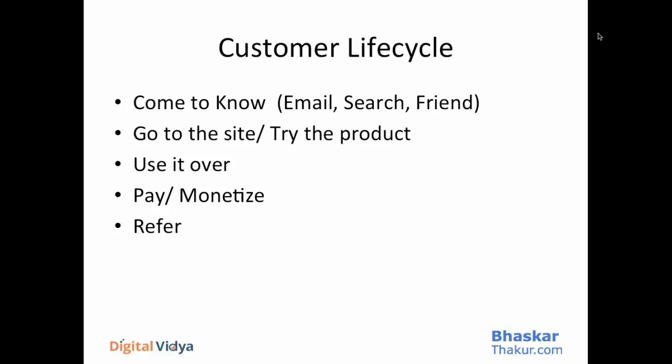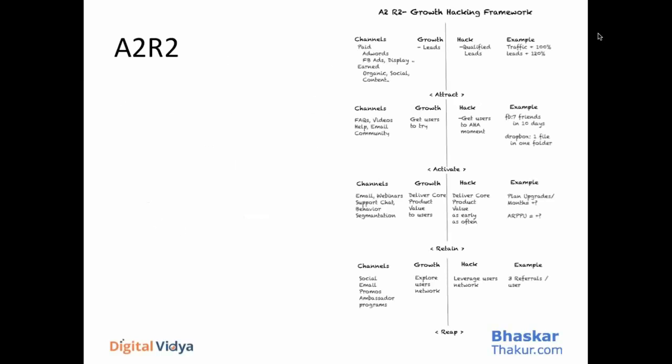So how do growth hackers do this? Growth hackers primarily work on the customer life cycle. They try to map the customer life cycle and push customers from one stage to the next. They use tools and analytics at various stages to make this happen.